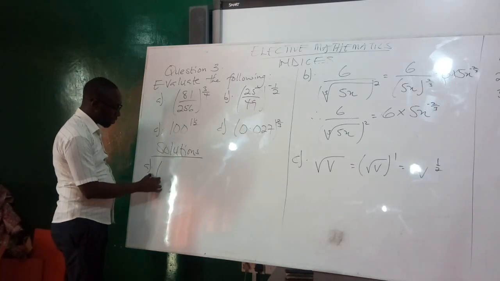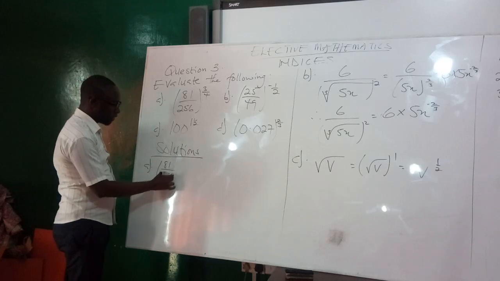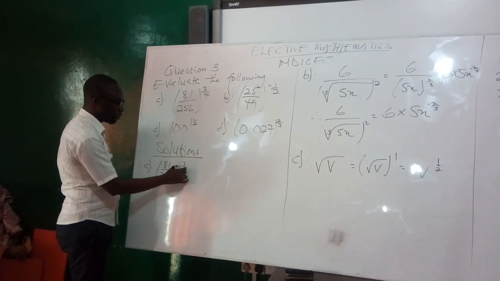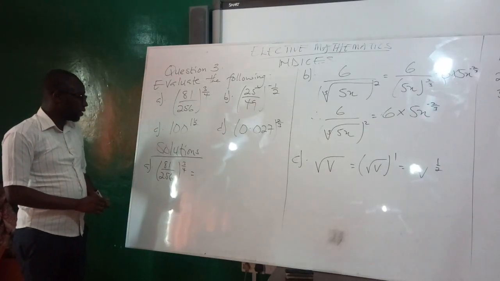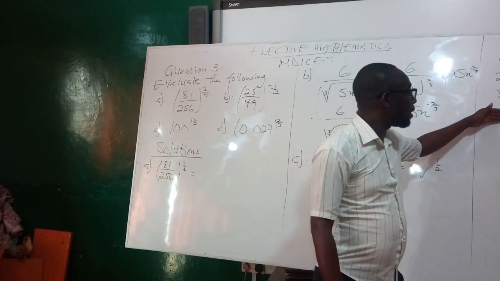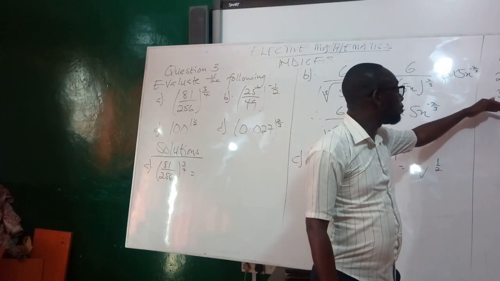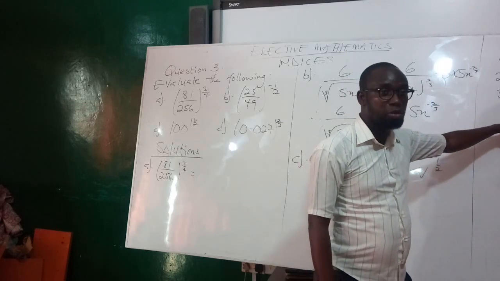So A, we have 81 over 256 exponent 3 on 4. Then we use property 3, the power of a quotient.